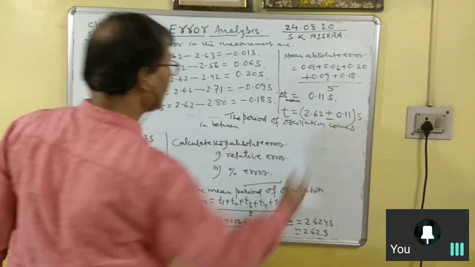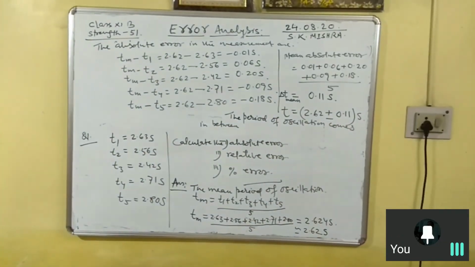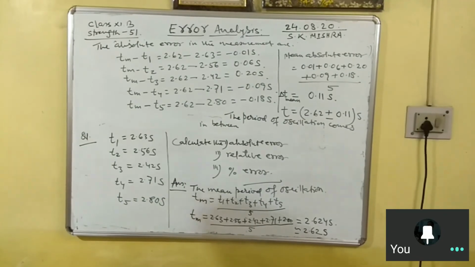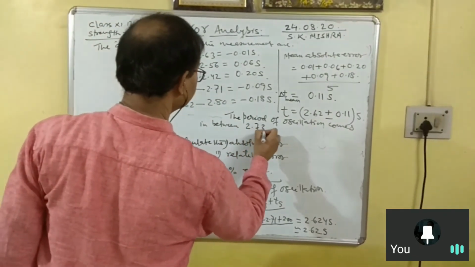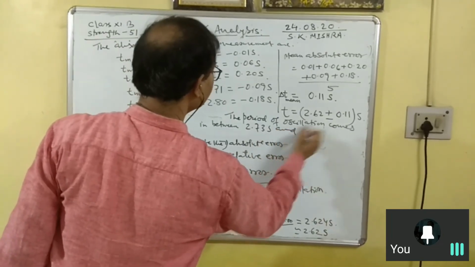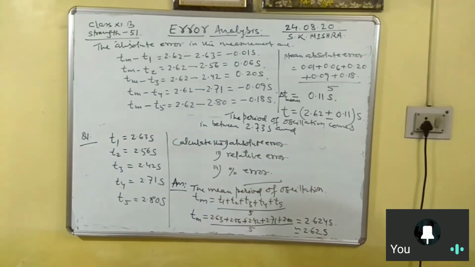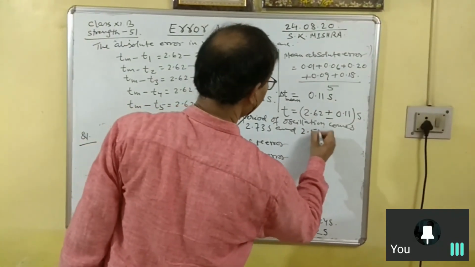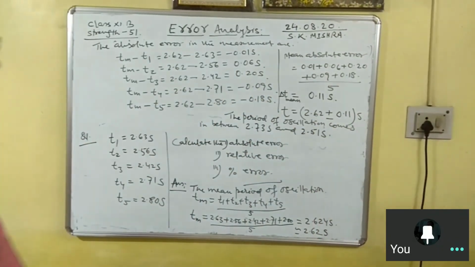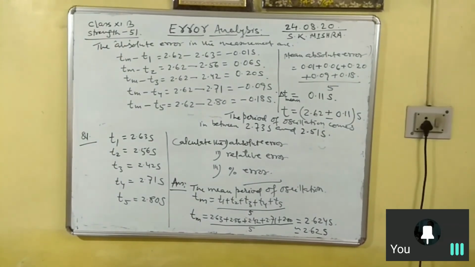Now if you add 0.11, then what you get? 2.73 second, and if you subtract 0.11, then you will get 2.51 second.